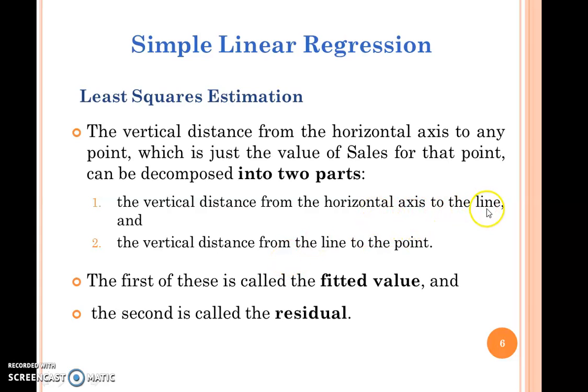The other is the vertical distance from the line to that point. So these are the two parts. The first of these is called the fitted value, the distance from the horizontal axis to the line. And the second is called the residual. The residual is the vertical distance from the line to the point. So it is above the line.